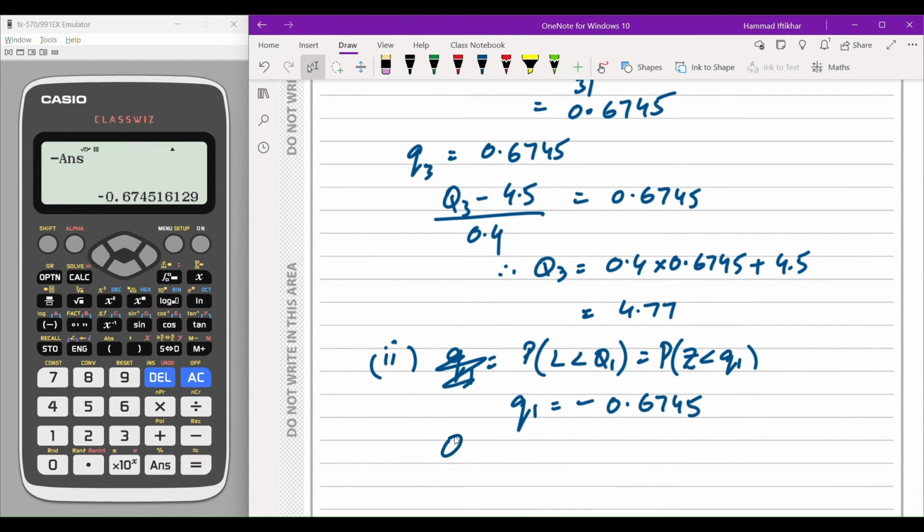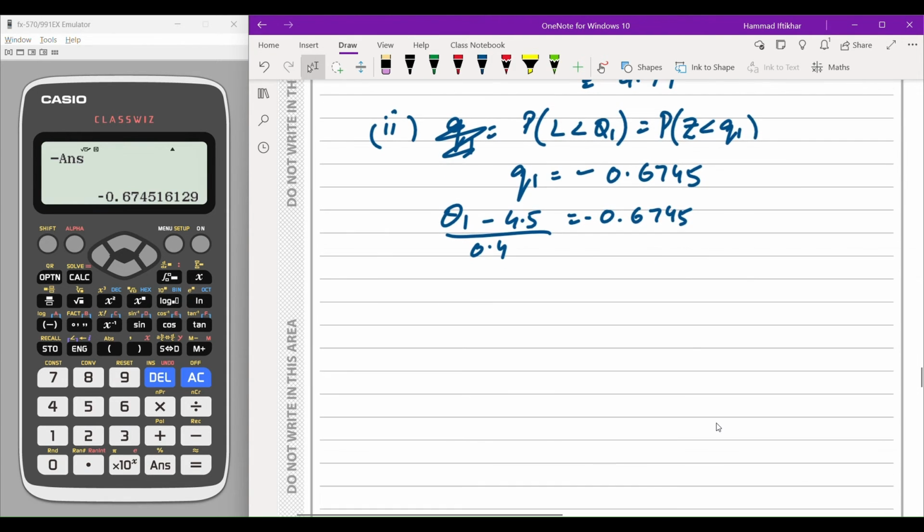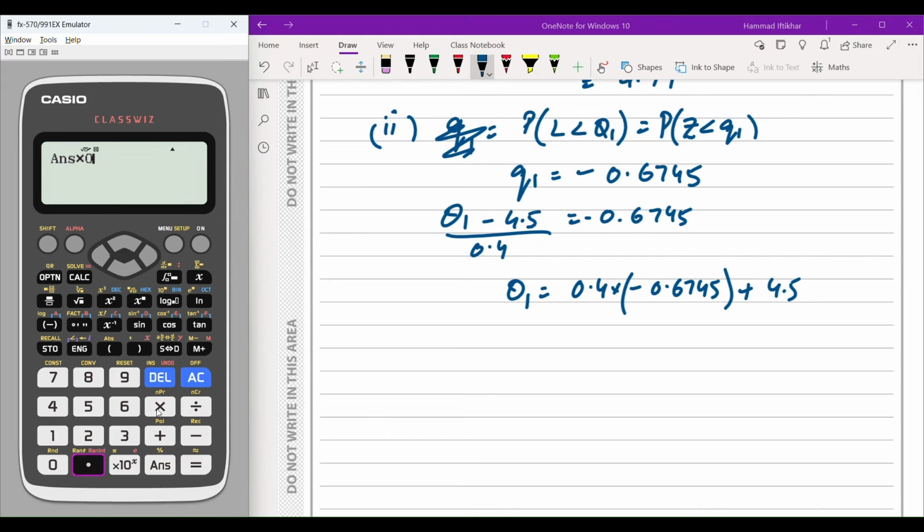So now for Q1, Q1 minus 4.5 divided by 0.4 equals minus 0.6745. So Q1 is going to be equal to 0.4 times minus 0.6745 plus 4.5, that is 4.23.